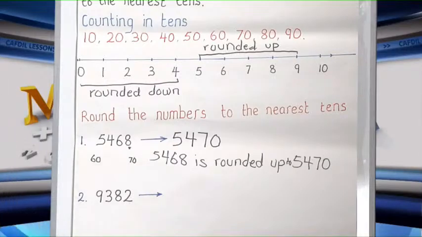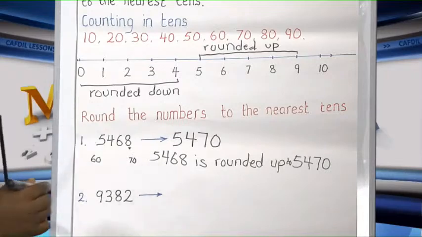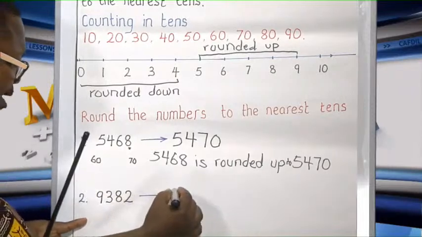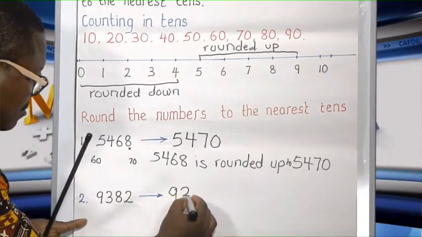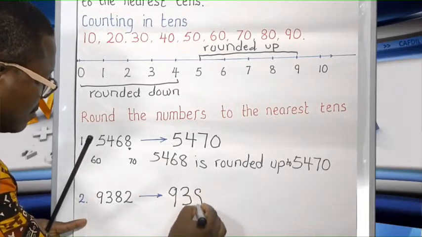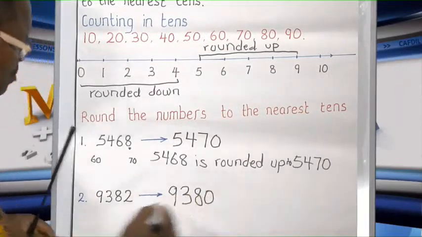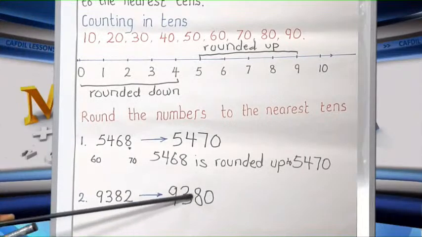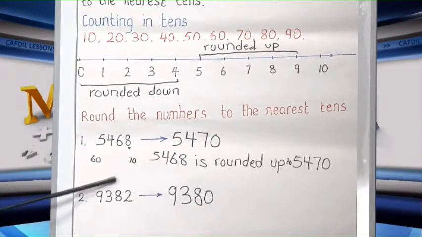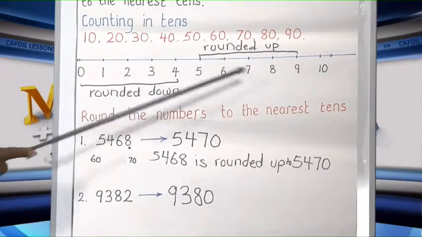We'll ignore the 2. So in rounding off this figure to the nearest tens, it's going to be 9,380. We will ignore the 2 because 2 here is far away from 10.